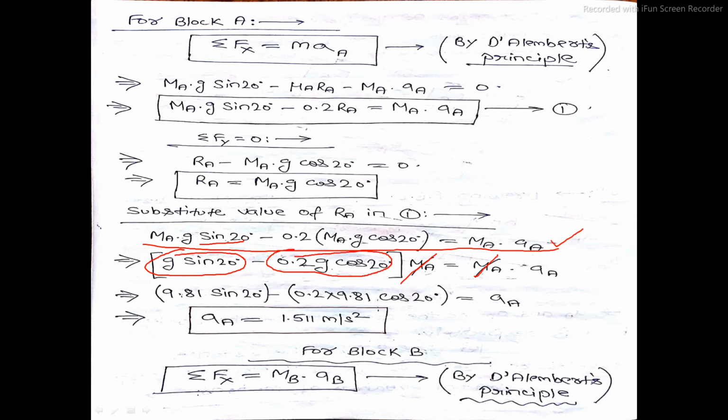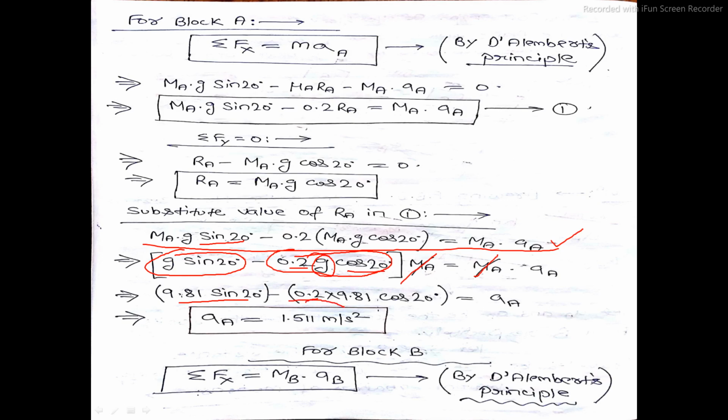What is g? g is your acceleration due to gravity and its magnitude is 9.81. So we will get 9.81 into sine 20 minus 0.2 into 9.81 into cos 20 equal to Aa, and if you solve it you will get the acceleration with which block A is moving down the inclined plane.